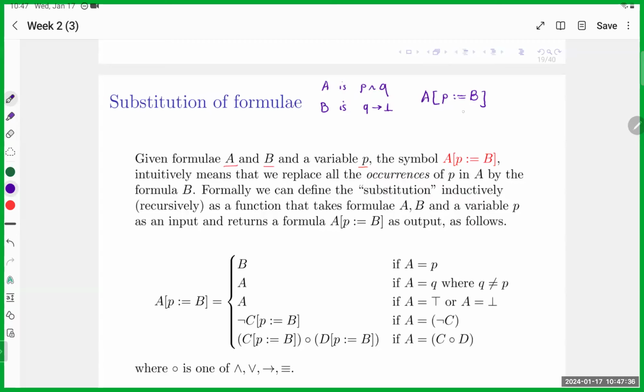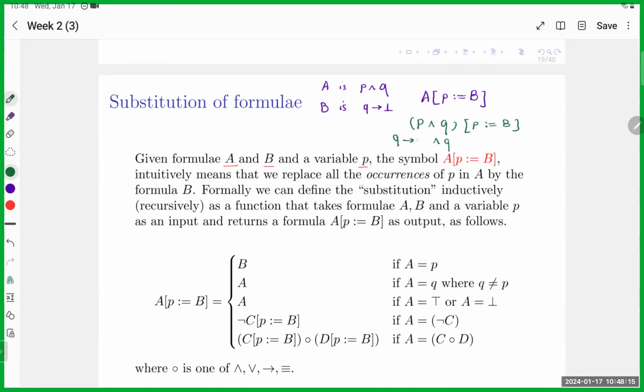As I just said, this is the formula obtained by substituting B for P inside A. So you have the formula A, which is P and Q, and in this formula, if you substitute P with B, you get B and Q. What is B?